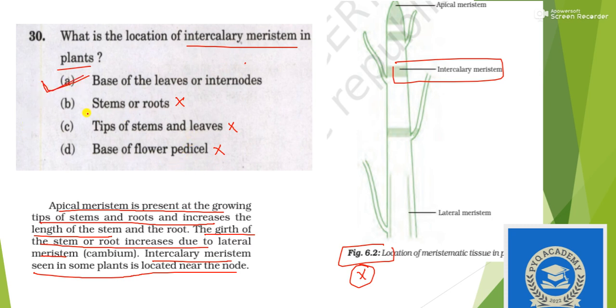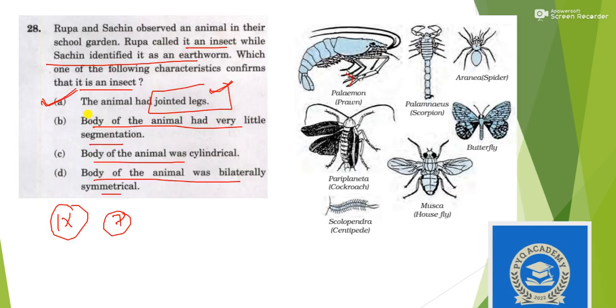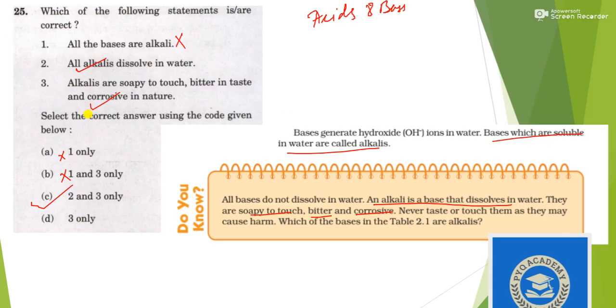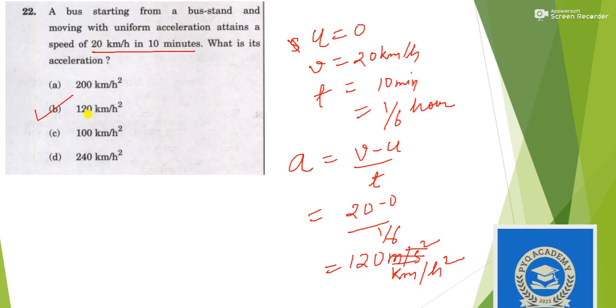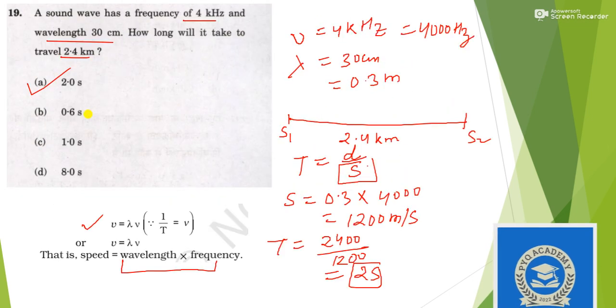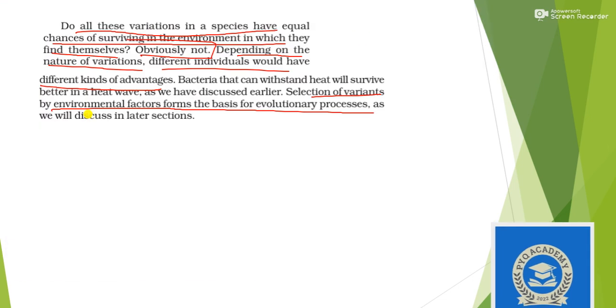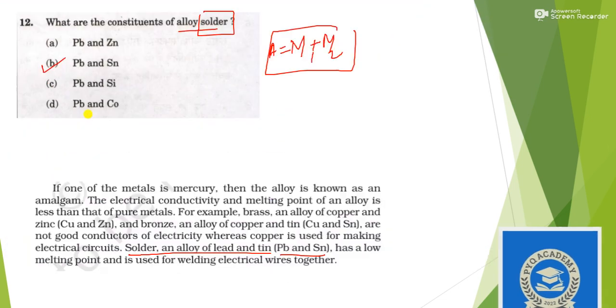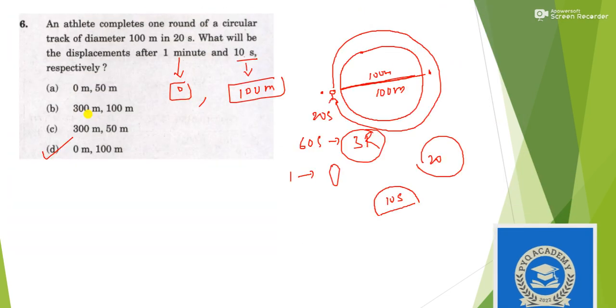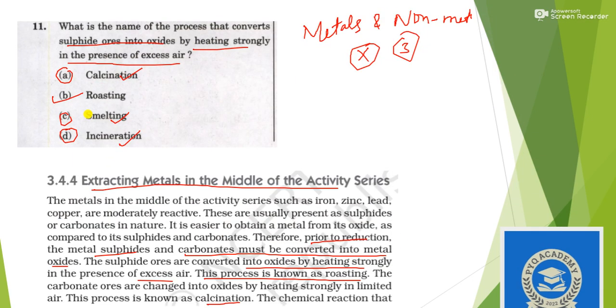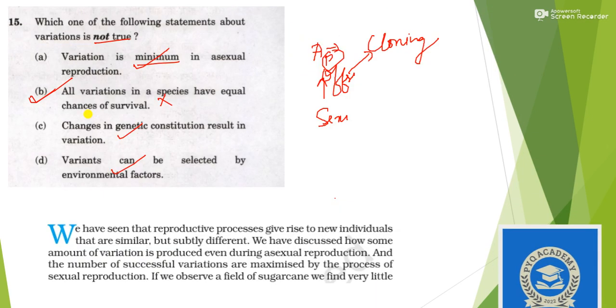So in the whole video you must have seen that for each and every question the reference is indirectly from NCERT. If you are going through NCERT of class 9 and class 10, you can solve more than 90%, or in some cases all 30 questions can be directly from NCERT.